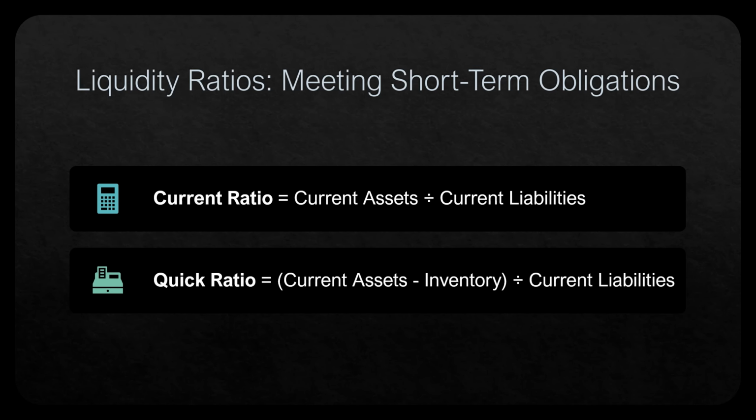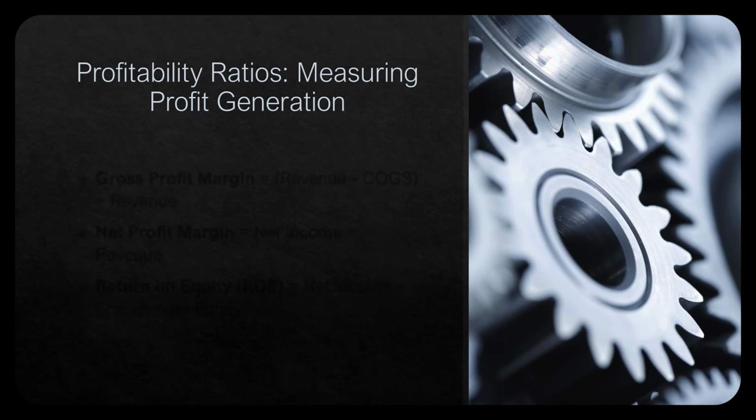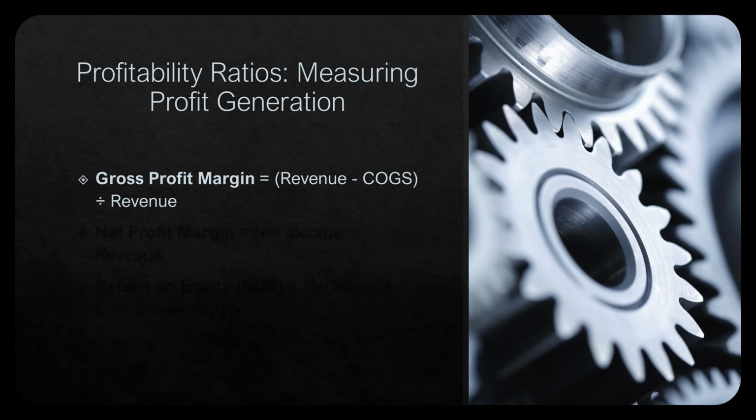So, going on to profitability ratios, measuring profit generation. Profitability ratios show you how well a company is turning revenue into profit. We have the gross profit margin, which is revenue minus COGS divided by revenue. The gross profit margin tells us how much profit is left after covering the cost of goods sold.